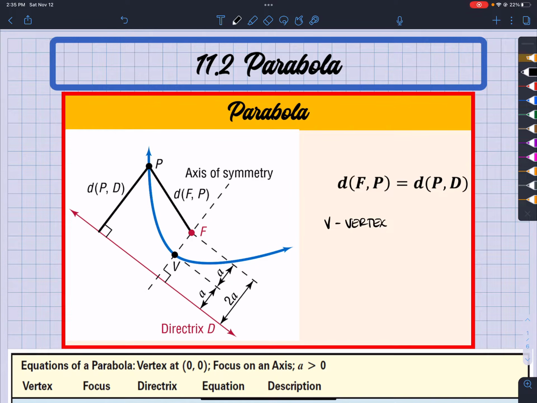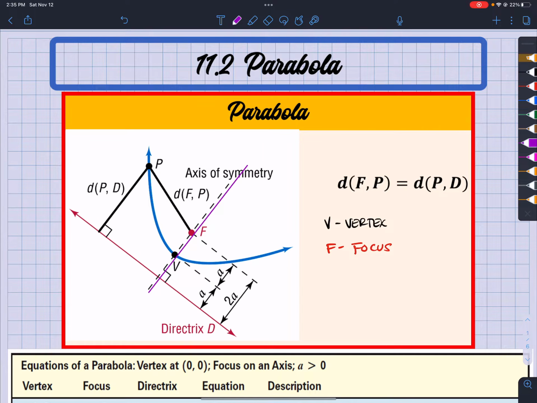Now the F that you see here, that's called your focus. Okay? Now, this line right here is called your axis of symmetry. That is in dotted line.